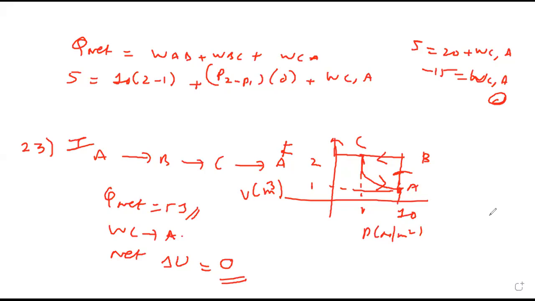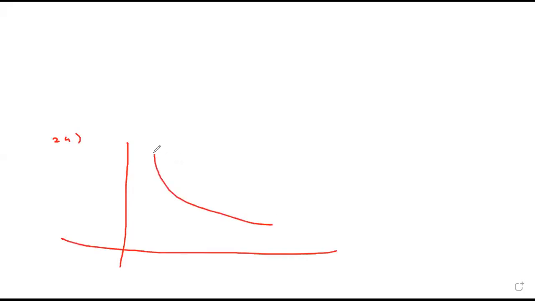Done, sir. Come to 24. In the figure 3, isothermal process is given, because its initial and final points are on the same line. Initial and final temperature is same, so change in internal energy is 0.